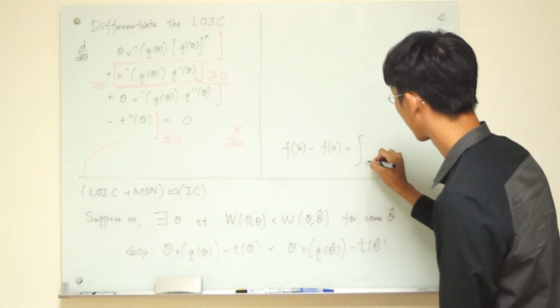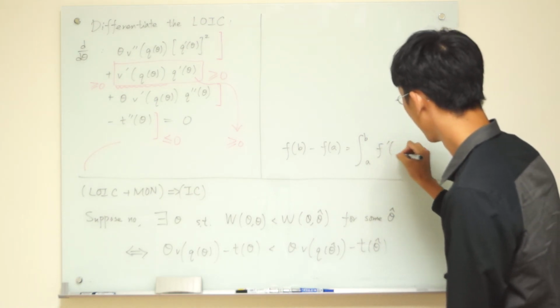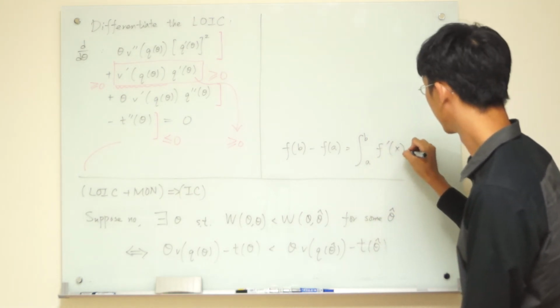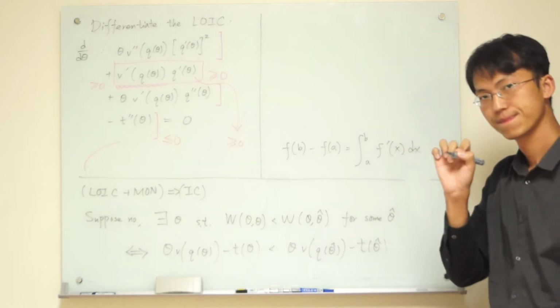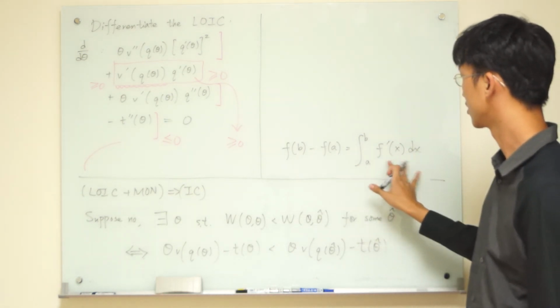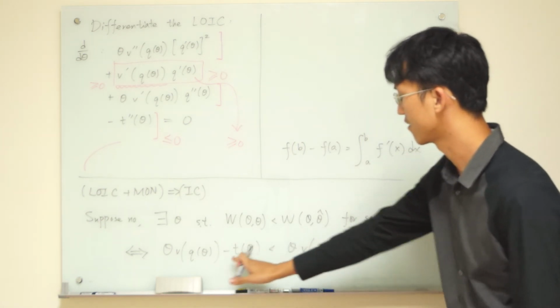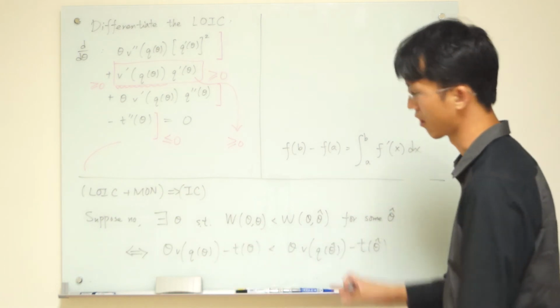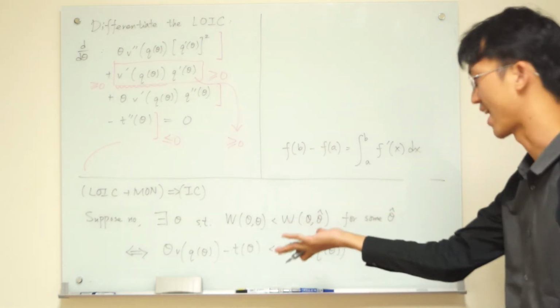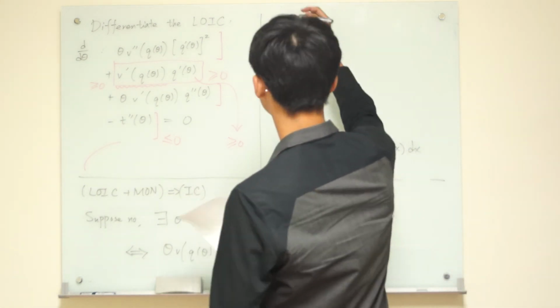What you have is actually an integral of the differentiation. The difference is the integral of differentiation. But here I want to ask, what's the difference from the right to the left? And then I know, yeah, it's indeed this.